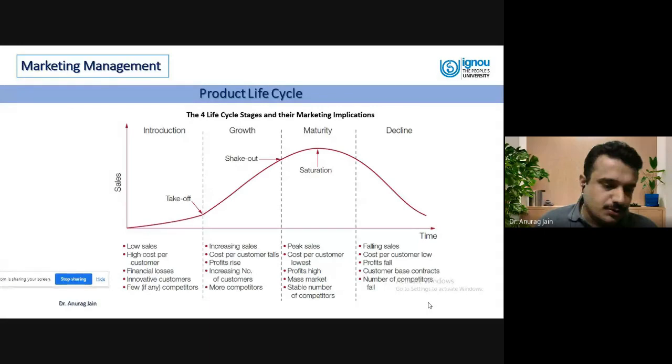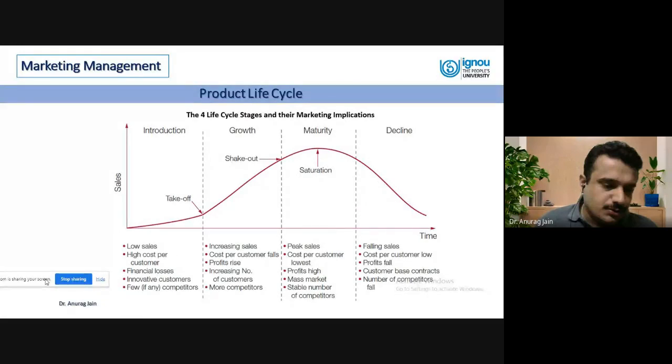Whenever a product comes into the market, it comes at an introduction stage. You can see some points written over here. In the introduction stage, sales remain very low, because the product has just come into the market and not many customers are aware of it.